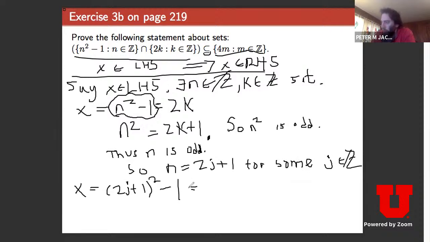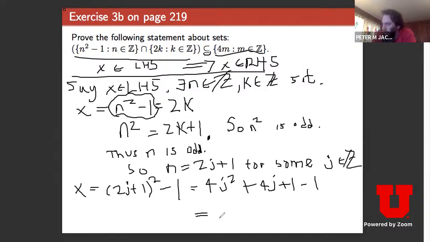And so if we distribute that, then we end up with 4j squared plus, okay, you have 2 times 2j, so that's 4j. And then you add a 1 to that, and then we subtract 1.